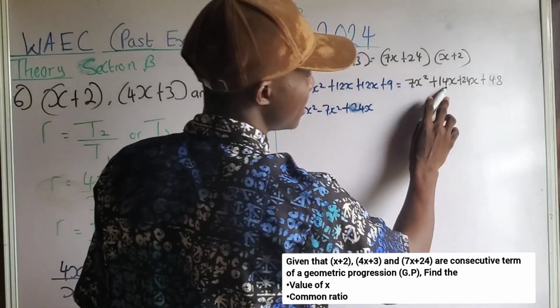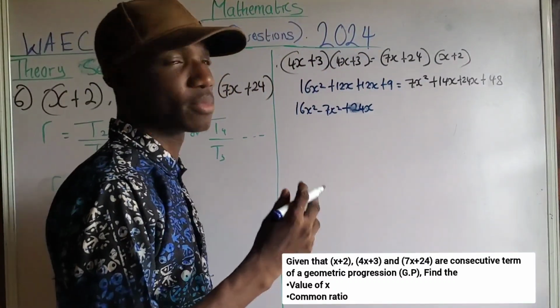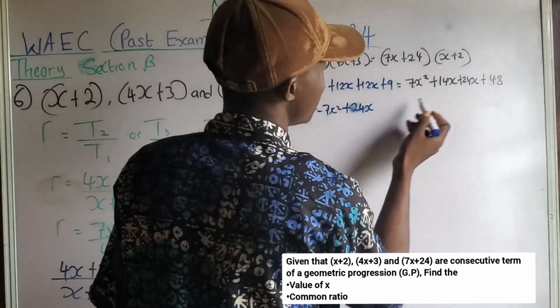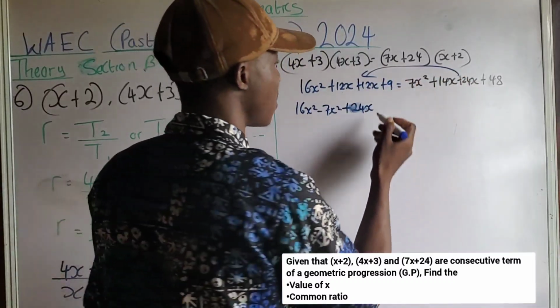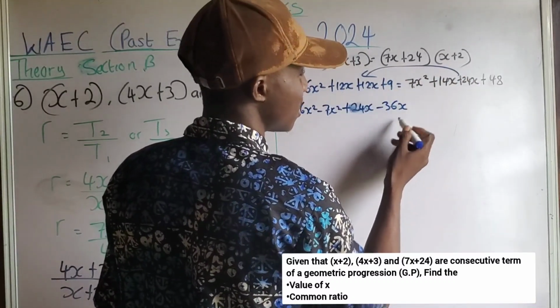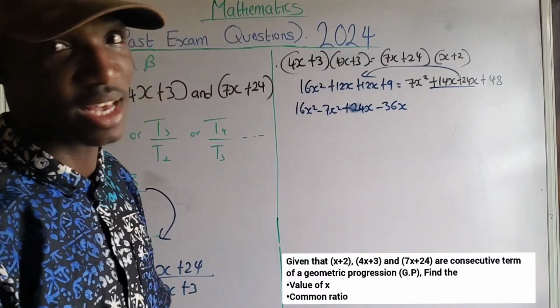Now, 14x plus 24x, that is plus 38x. If this 38x crosses the equals to sign, you're going to have a negative. So I'm going to have minus 38x. You see, I just sum this together because they both have the same term. I'm collecting like terms, okay?